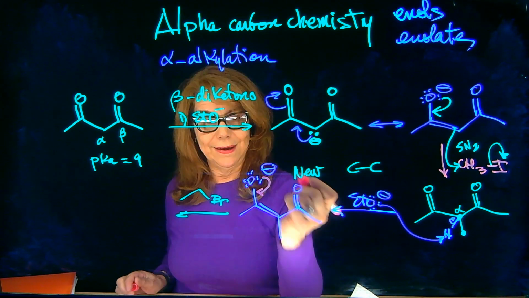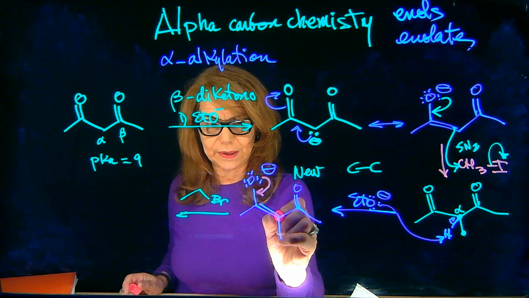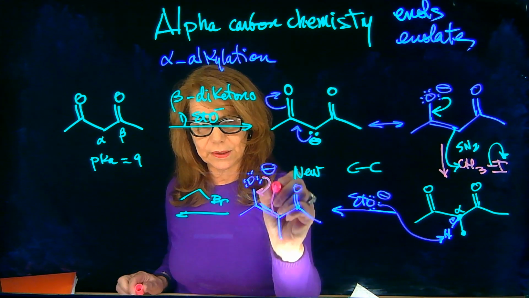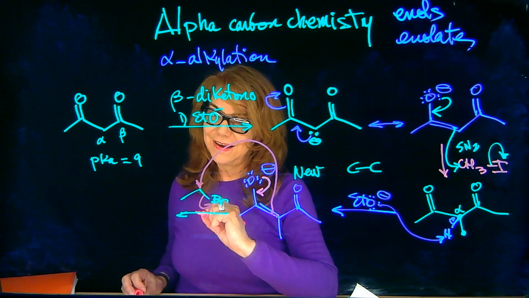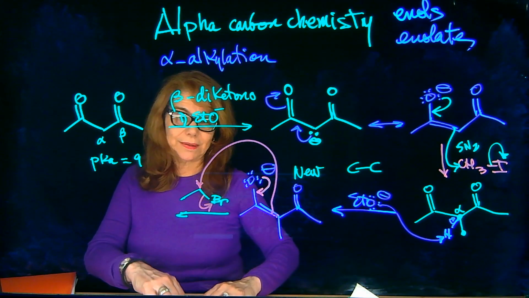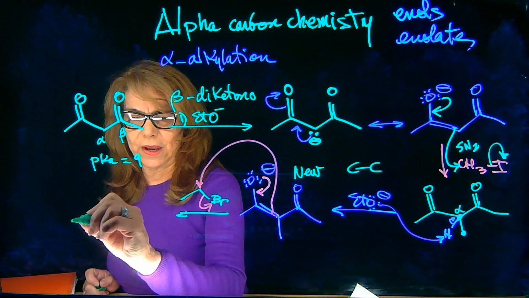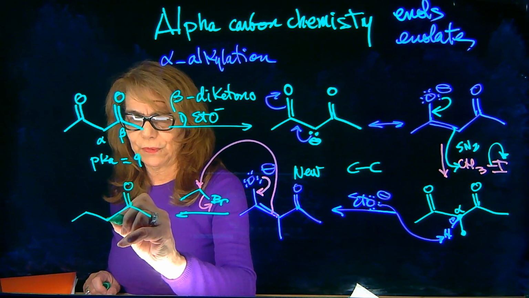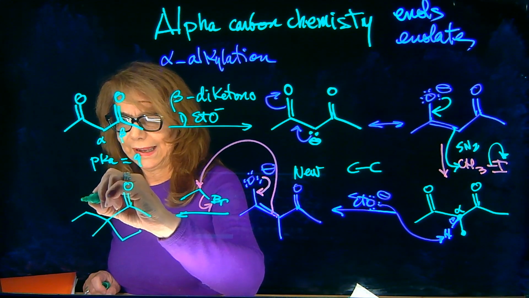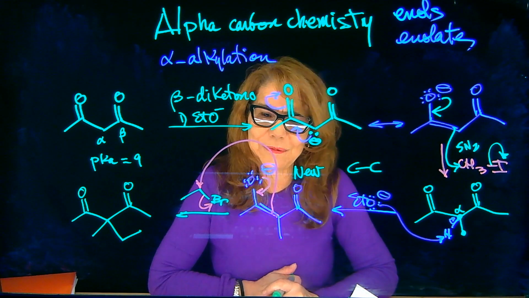I'm doing this, and this is my alpha carbon, and my electrons are going to be attacking here, and bromide is the leaving group. So my final product will have now two substituents introduced at the alpha carbon. I will have a methyl and an ethyl. So that is my final product.